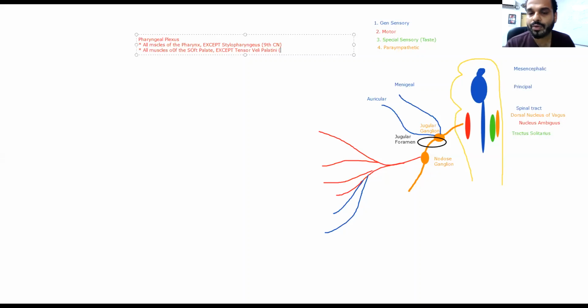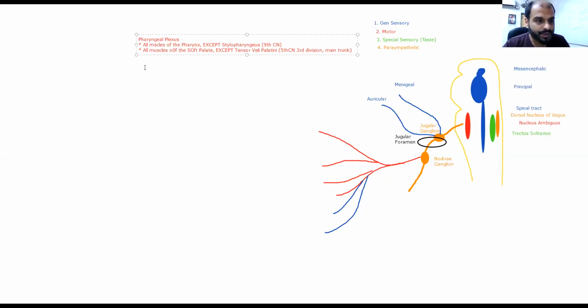The nerve to medial pterygoid was a branch from the main trunk of the third division of the trigeminal nerve. So we can write the 5th cranial nerve, third division, the mandibular division, main trunk. The branch was the nerve to medial pterygoid, which not only supplied the medial pterygoid muscle, but also the tensor veli palatini muscle. So, got it? Are you clear?